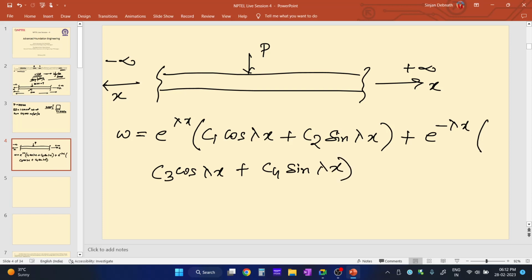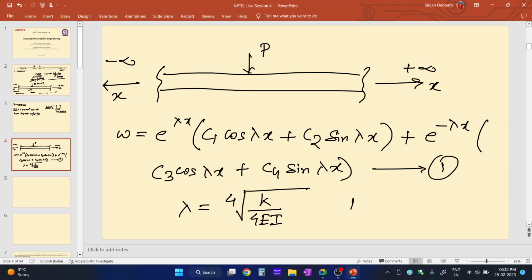Okay, this is the equation. Suppose this is number 1, and this lambda is equal to the fourth root of k by 4EI.